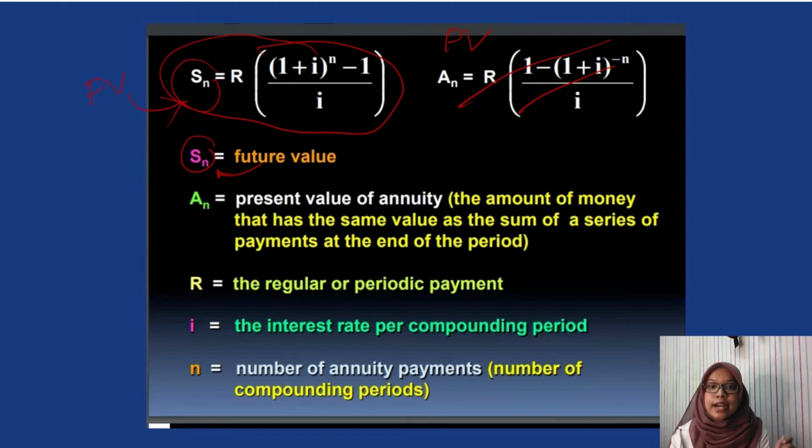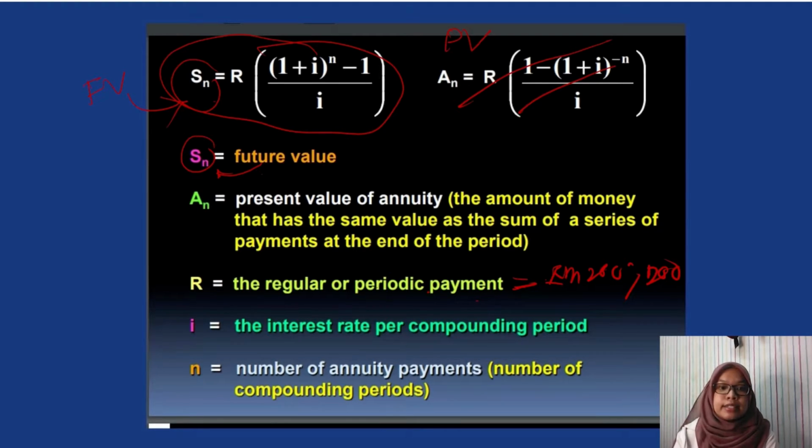So R is the regular or periodic payment, or we can say that for a certain year we pay every month RM 200. So this is what we call a regular or periodic payment, where every month we will pay 200. So i is basically the interest rate per compounding period.